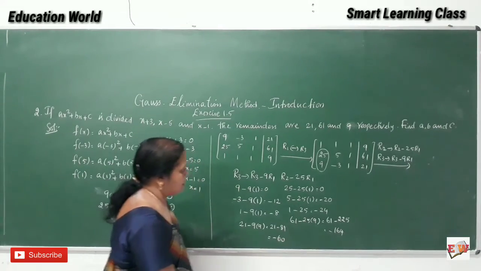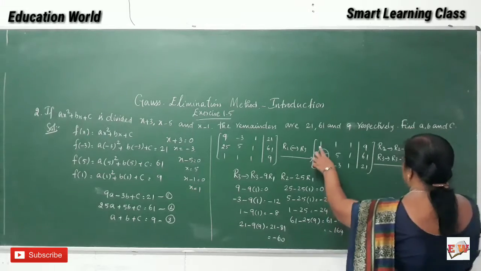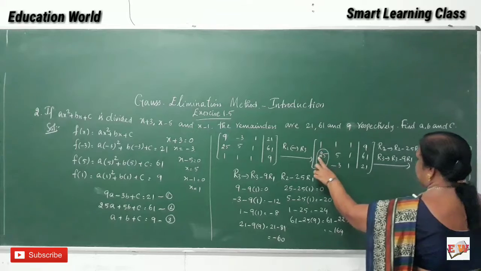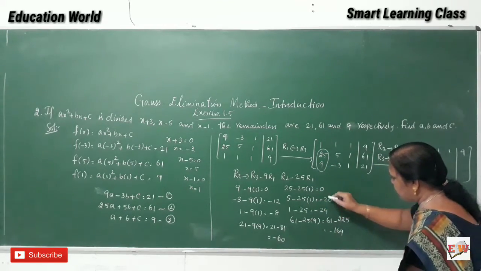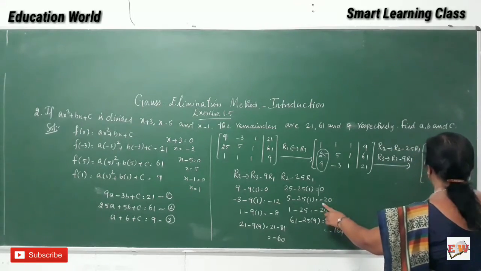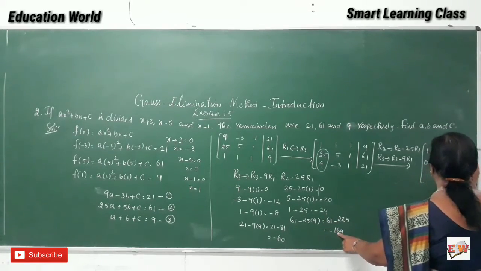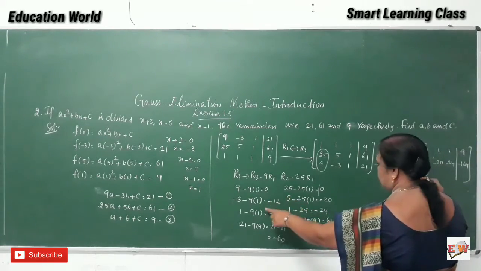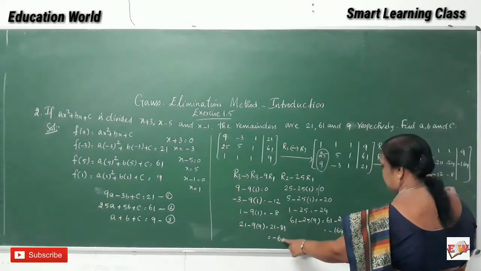I am going to transform this: 1, 1, 1, 9. Then 0, minus 20, minus 24, minus 164. Here, 0, minus 12, minus 8, minus 60.